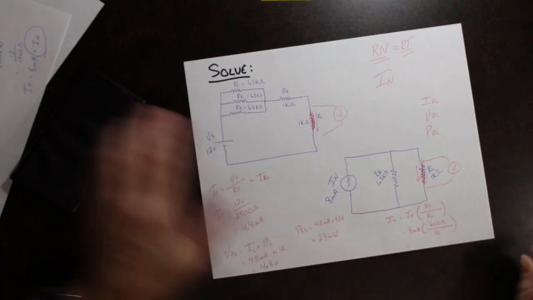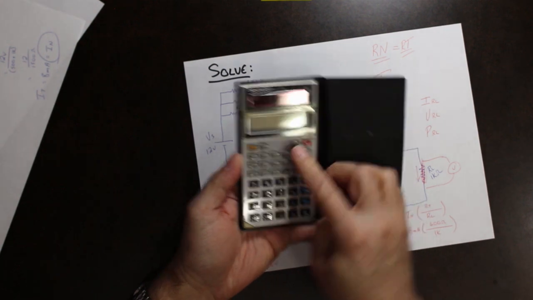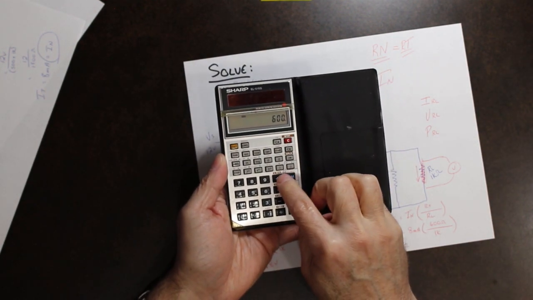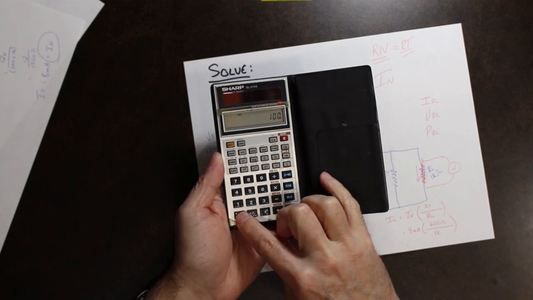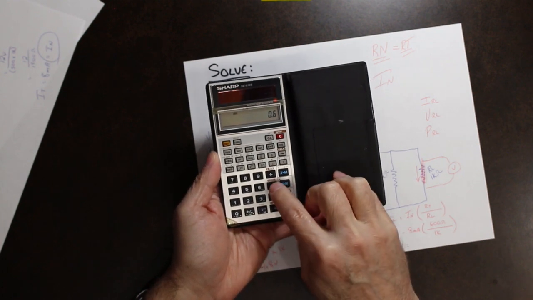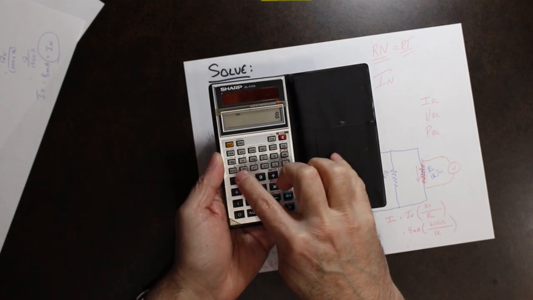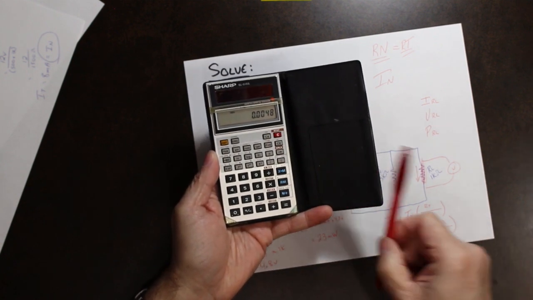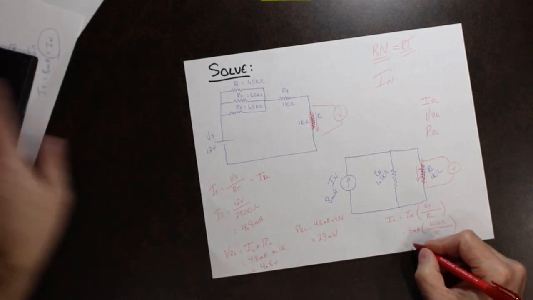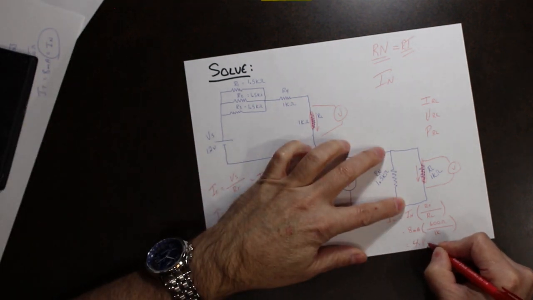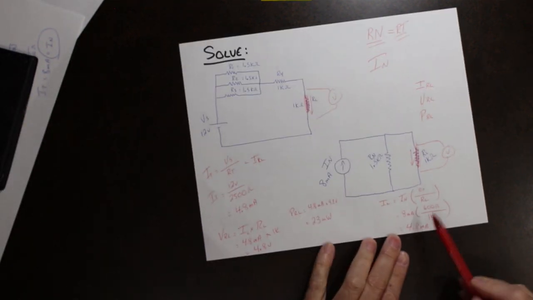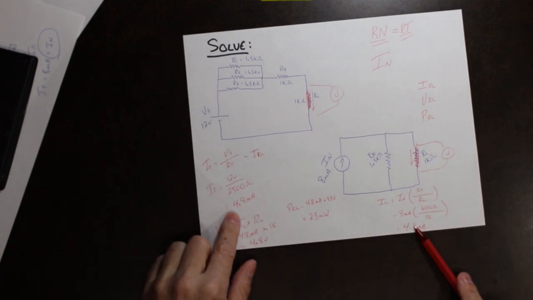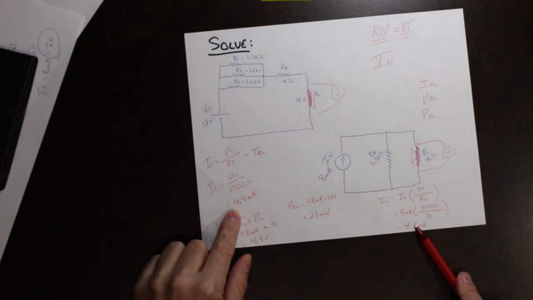If I do that math, I get 600 ohms divided by 1,000 ohms times 8 milliamps, which is 4.8 milliamps. So using this circuit, calculating the current, I get the same value.